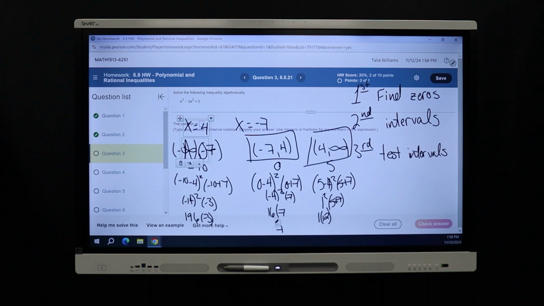And then we start over. On that answer, I use the union button.